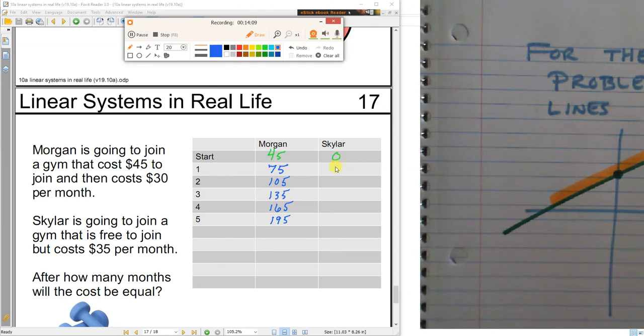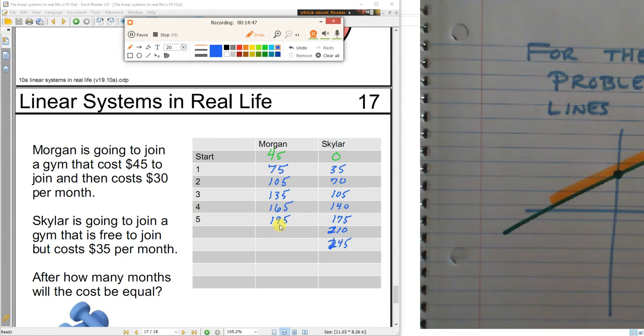Skylar, 35, 70, 105, 140, 175, 210, 245.